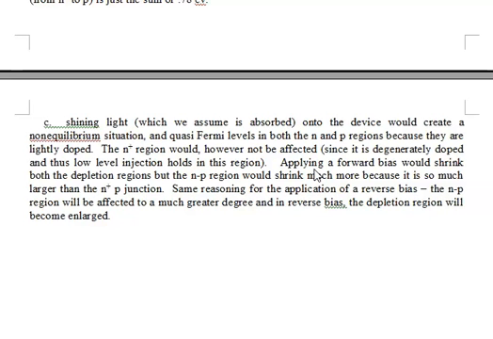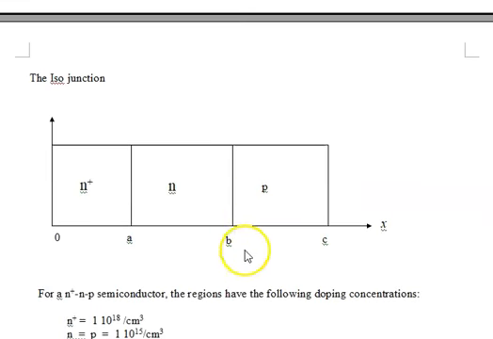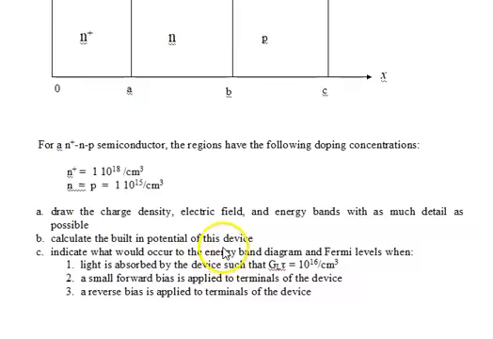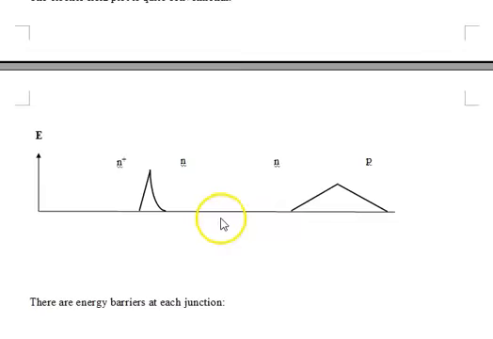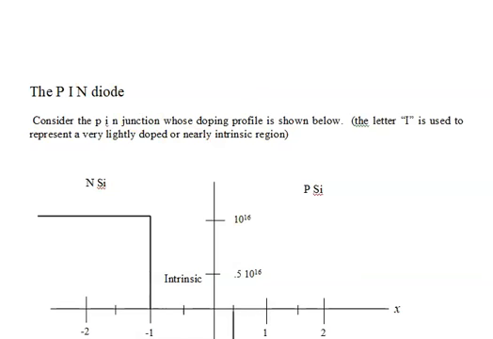Forward bias, we would contract the depletion region here, although this depletion region would not change hardly at all. And the same thing with reverse bias, we would expand the depletion region at point B and not hardly affect anything at point A. Okay, so that's the isojunction.